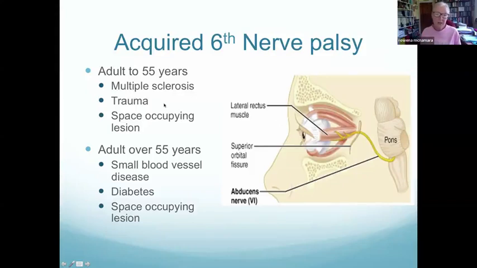Things that will affect that are trauma, tumours, and things like multiple sclerosis, where you're not getting the transmission along the nerve fibres. In older patients, the most common problems would be diabetes and small vessel disease, small strokes, TIAs, or space occupying lesions, so tumours.